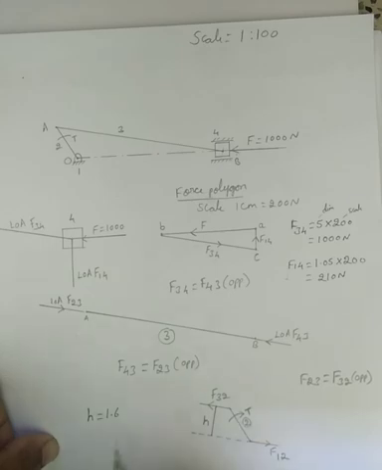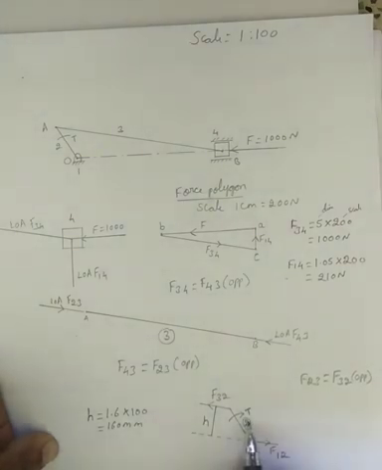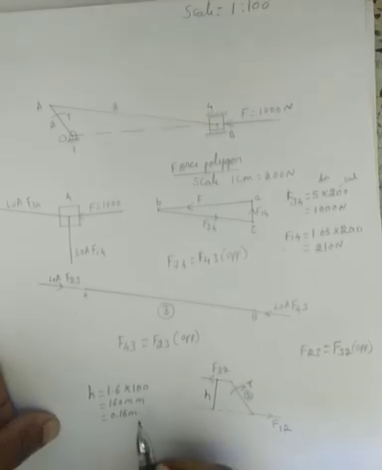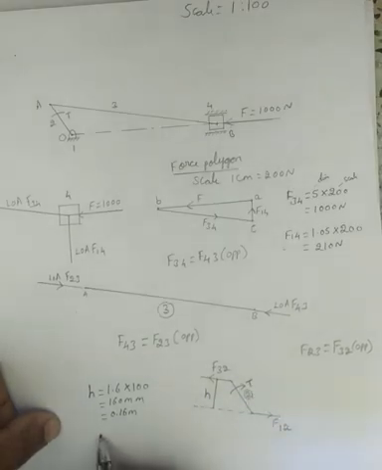So 1.6 into 100, I will get 160. The dimension is mm. Normally torque will be in Newton meter, so I will convert into meter: 0.16 meter.